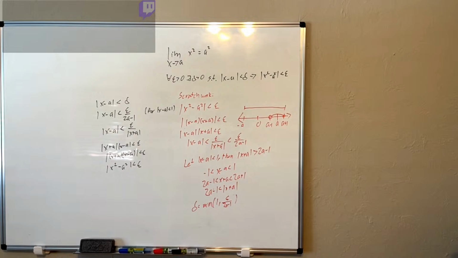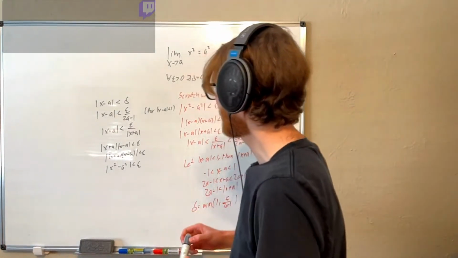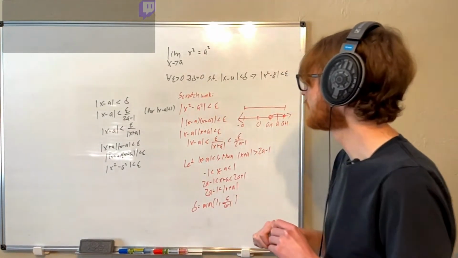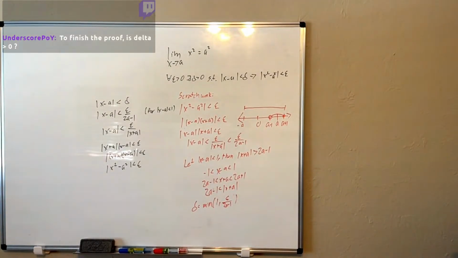So, if I were to do it Yanis's way, we would say, to finish the proof, is delta greater than 0? Well, we're given delta is greater than 0, isn't it? Oh, ha!